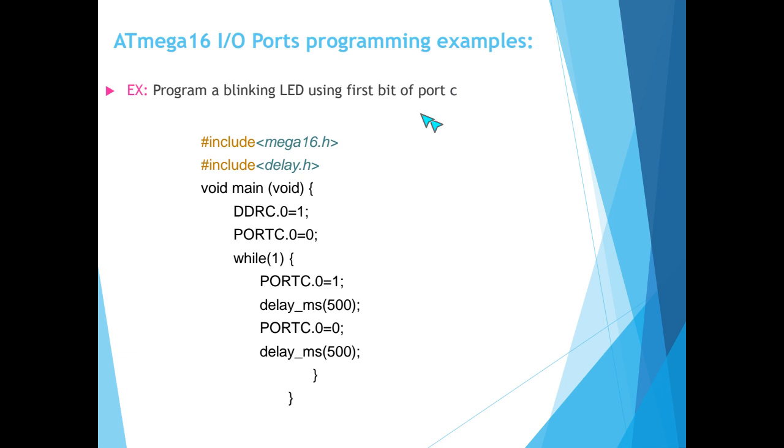At first, please let me know that the first bit of port C should be configured as input or output. The first bit of port C, we want to interface with LED, should be configured as input or output.